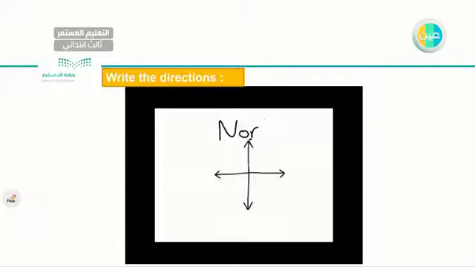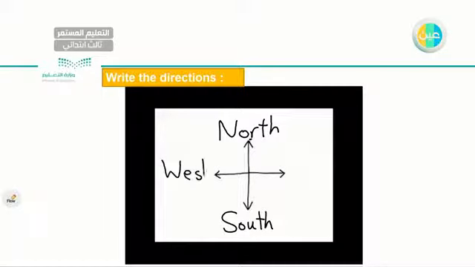Very good. Remember, directions are very important for us to locate our way, to find the way to Qibla. So north. This one is south. Very good. Excellent. I have west and east. Very good.